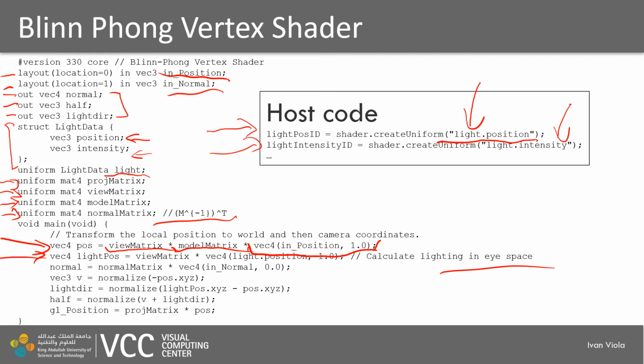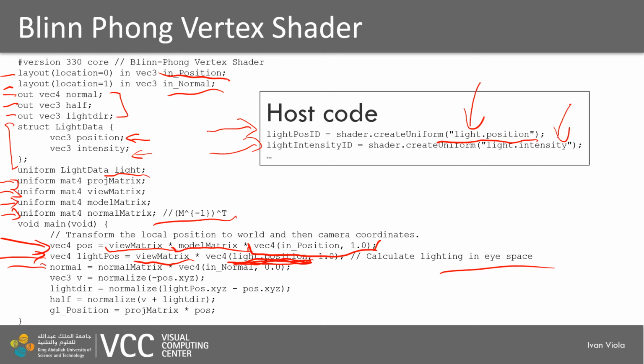We are also transforming the light positions. So light position is the vec4, which is then used for the light direction vector, is calculated here, where we have the light position information in the world space, and from the world space we are transforming it with the viewing matrix to the camera space, to the eye space. So now we have the light positions in the eye space.